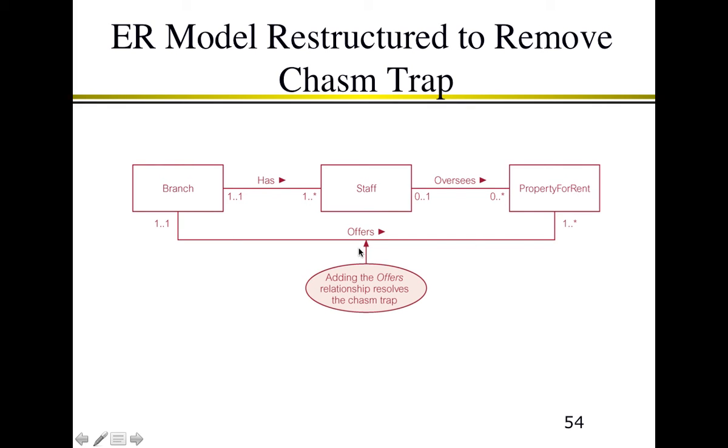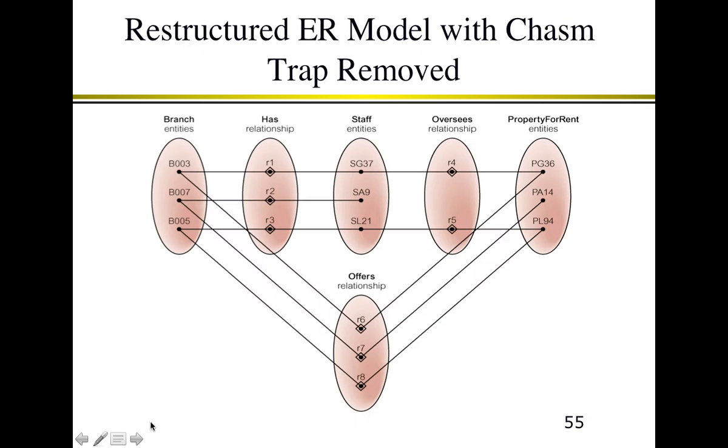Because we have this one and this one connected. And you see this big circle going on here, you know everybody's connected. So you don't necessarily have to connect like this. But adding the offers relationship resolves the trap, so that we know that the property for rent is being offered at this branch. Those are the two complicated scenarios you run into. Not too bad.